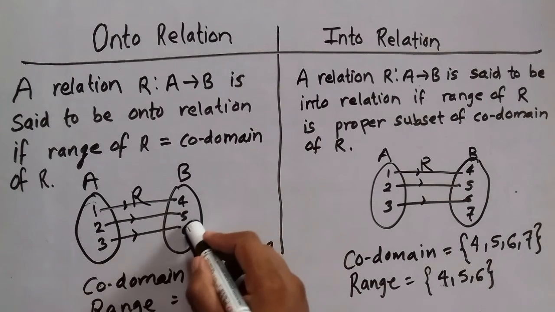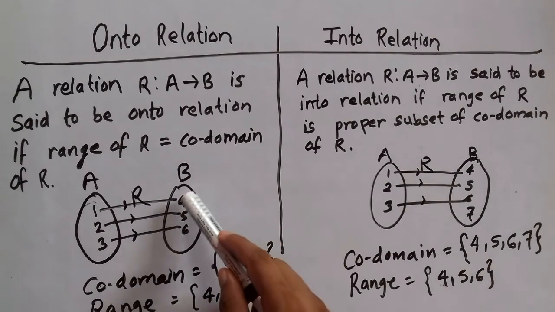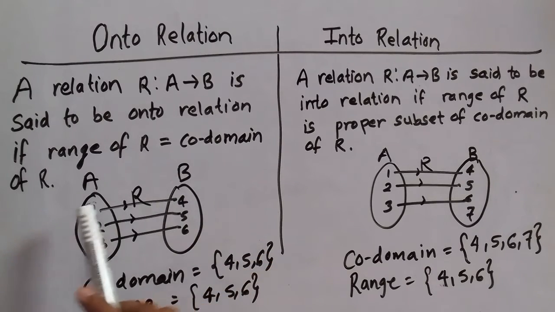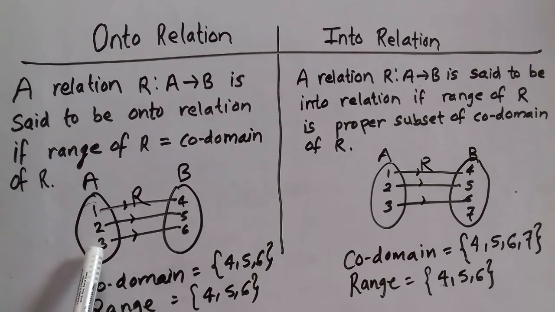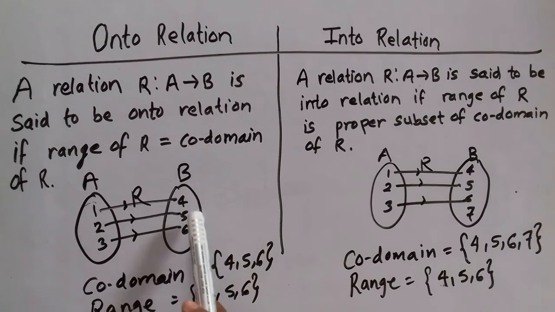These 4, 5, 6 we can call images, or we can say 1 has a relation with 4, 2 has a relation with 5, 3 has a relation with 6. In this way we have seen that the elements are exactly the same in the codomain and the range.